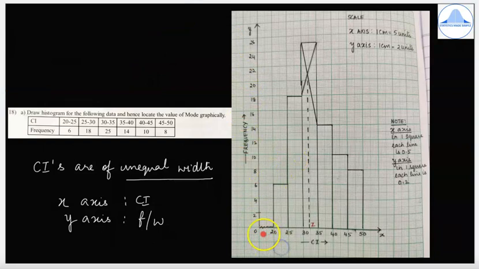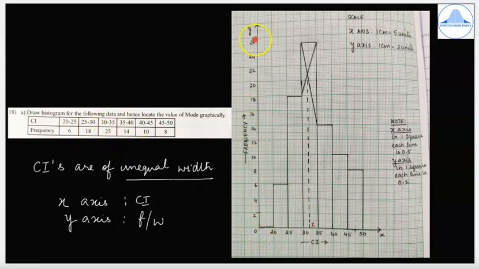So on the x-axis, first you draw the line for the x-axis, mark 0. Then the first lower limit of the class interval is 20. So 1 centimeter, that is this one square which you see is 1 centimeter, mark as 20. Next is 25, 30, 35, 40, 45, 50. Similarly, if you see the frequencies, the least is 6 and the highest is 25.